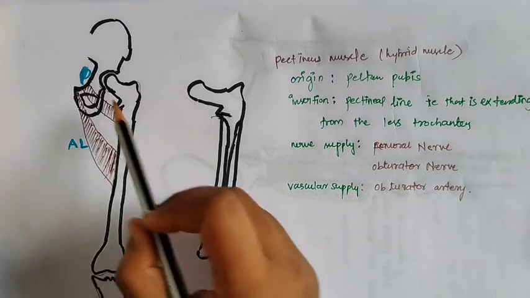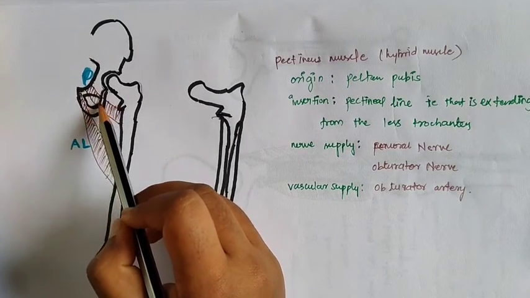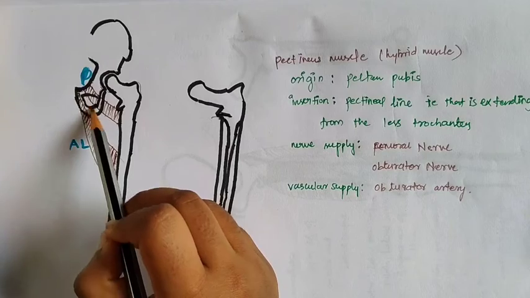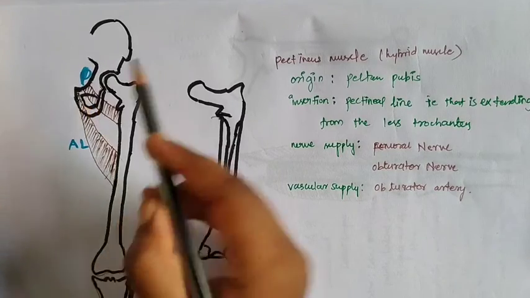Another thing you want to know is that this opening is the obturator foramen. This obturator foramen is covered by the obturator membrane.